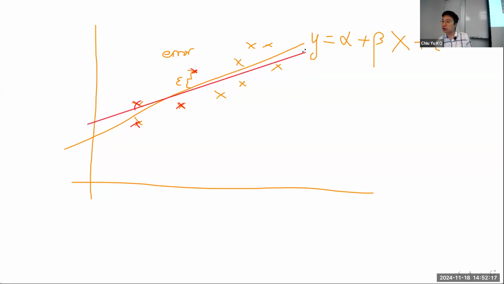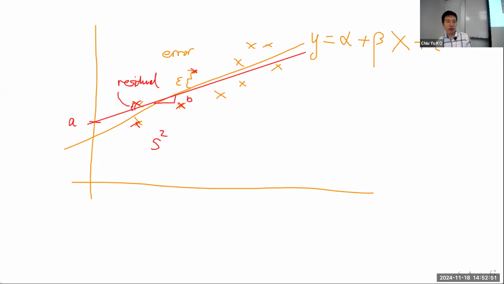This is the regression line, this is your A, and the slope is your B. And the gap between the point and the line is called the residual. If you look at this residual and take the sample variance, it gives me this S squared.